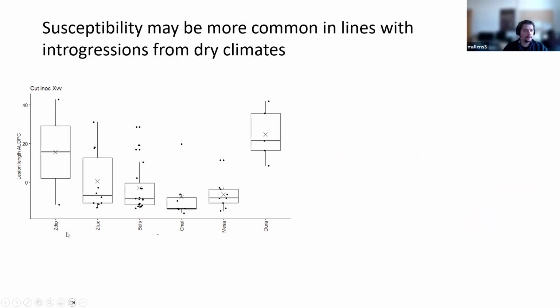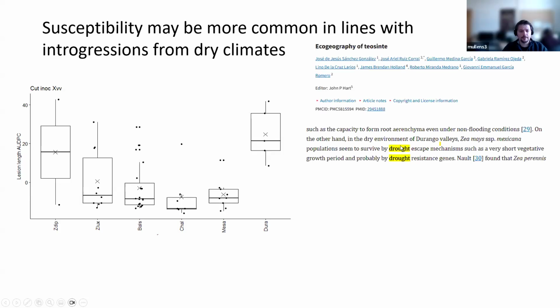We had some lines that had Diploperennis introgressions, Luxurians introgressions, Balsas teosintes, and then the three different Mexicana races here. So we had a few individuals from each one that were susceptible, but of particular interest, these Durango subpopulation or family, I think they're races of the Mexicana group, were all quite susceptible.